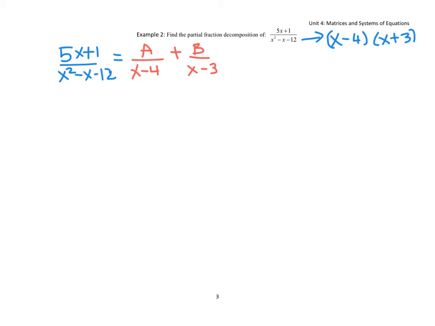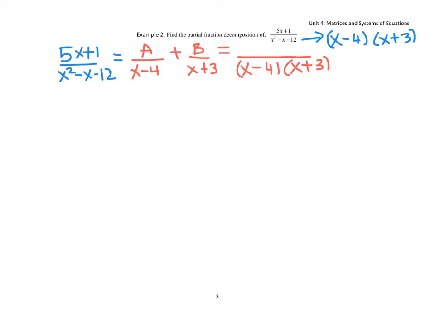Then my next step, I'm going to write it out here. Remember, the common denominator, or the LCD, is just my denominator here, x minus 4 and x plus 3.